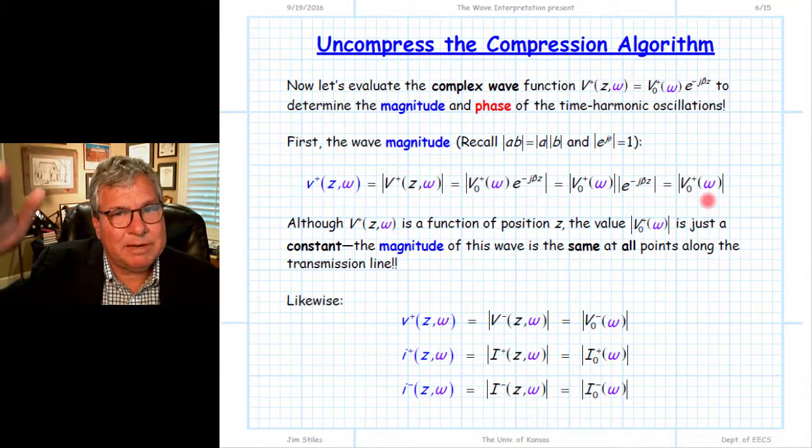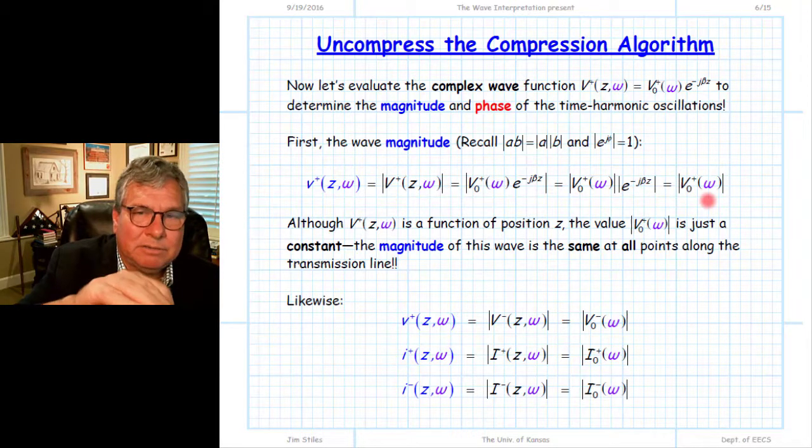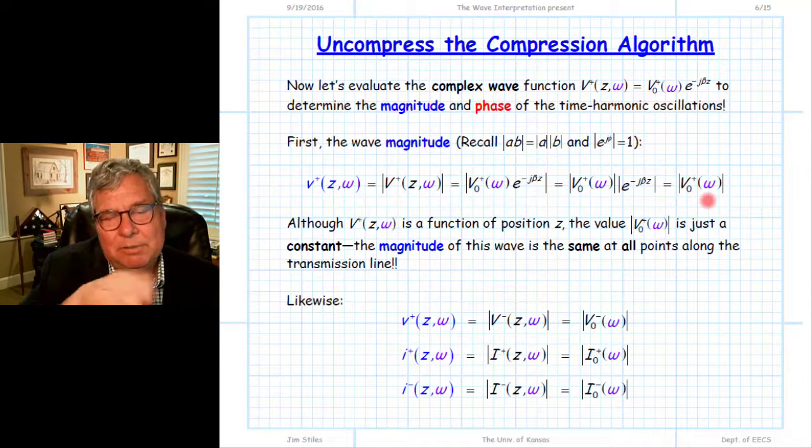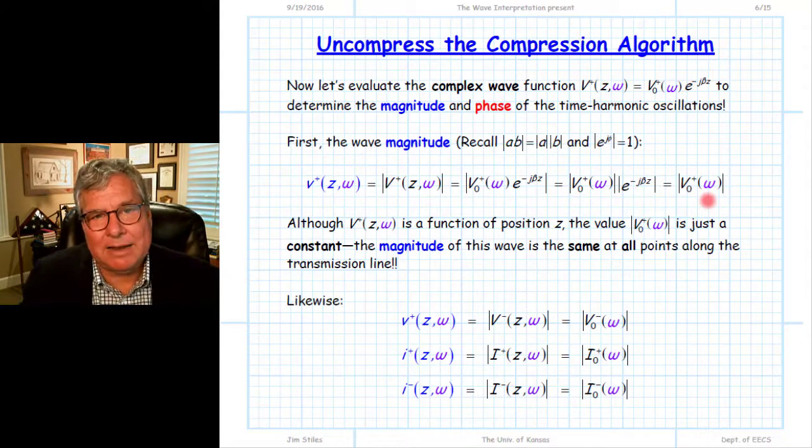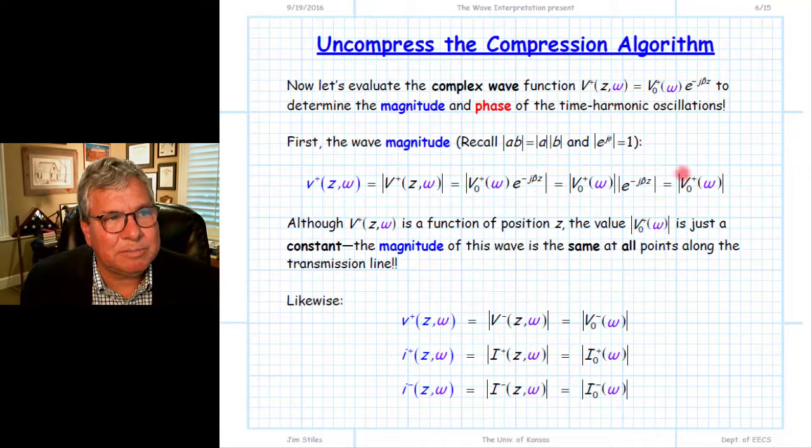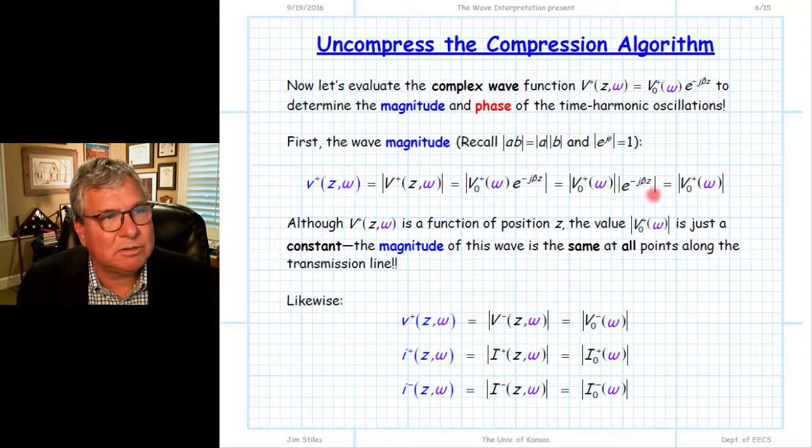The question is, how big is the magnitude? We can measure it at one spot. If we went to a different point on the transmission line and measured the same plus wave voltage, we get exactly the same magnitude. The magnitude is a constant with respect to position. Again, there's no value z in this result. There was a z, but it was in the complex exponential, and the magnitude of that became 1.